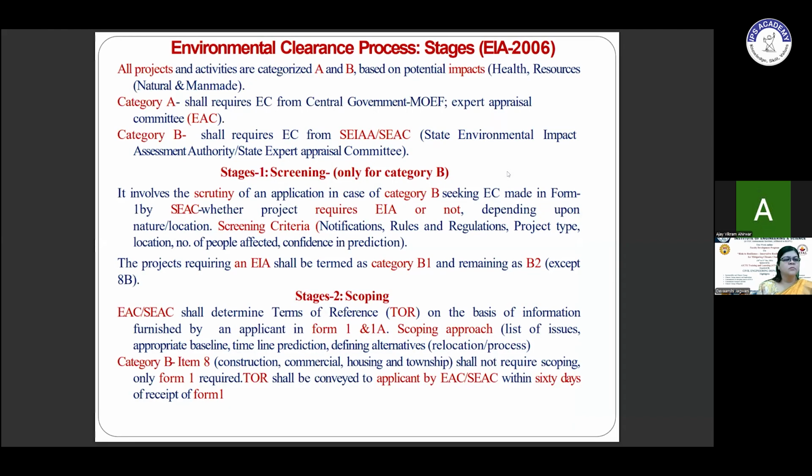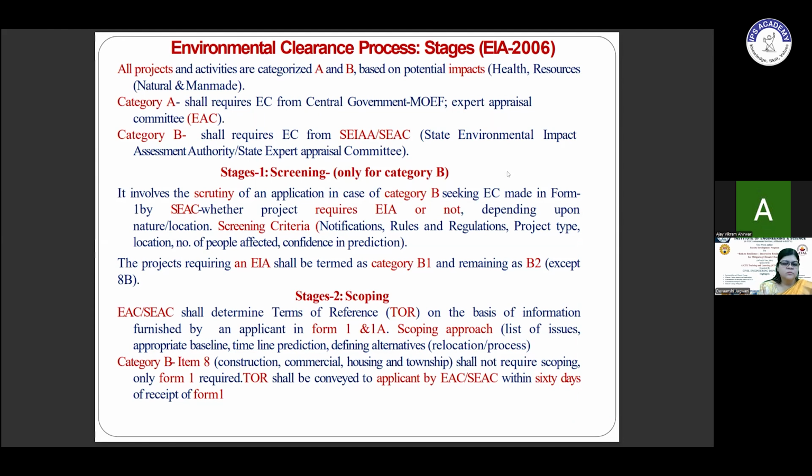Okay, all projects and activities are categorized A and B based on the potential impacts on health, resources, natural and man-made. Category A shall require environmental clearance from central government or Ministry of Environment and Forest and Expert Appraisal Committee, EAC. For category A, EAC will be the competent authority, and for category B it is SEAC and SIA.